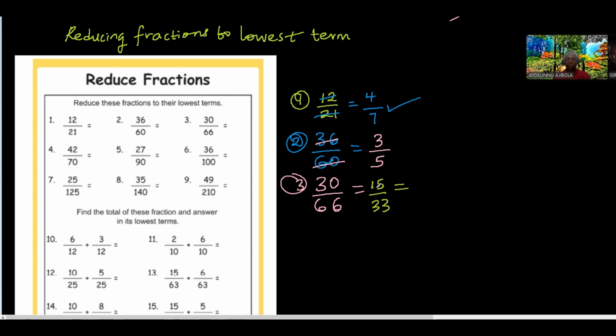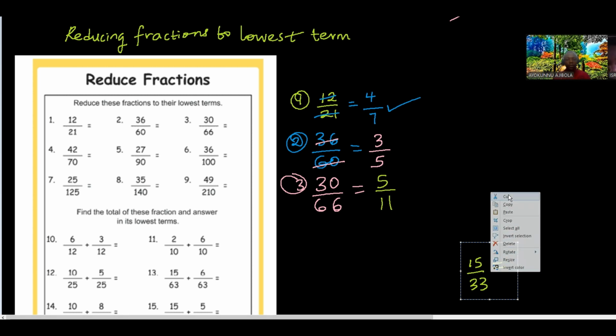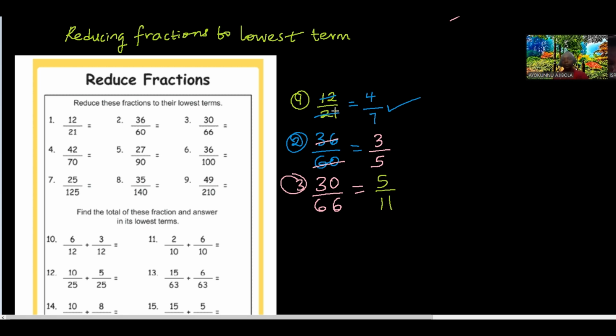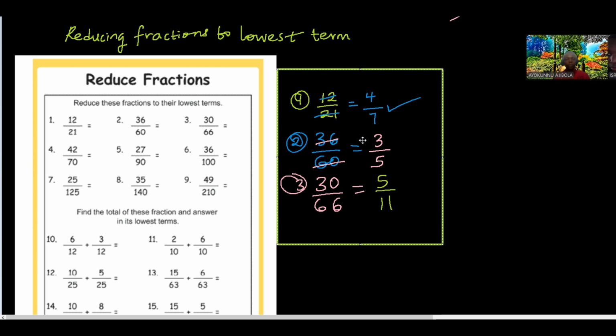Then I could divide by 3 next to get 5 over 11. So that means I can remove all of this, and this becomes the answer, because we have to leave it in the lowest term. Is that clear? That's the first part, the top part of this problem.